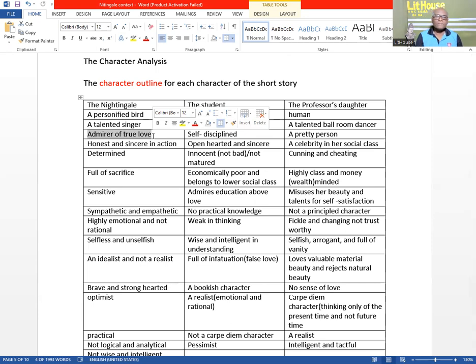What is the topic? We are going to write about Nightingale's vision, idea, opinion about true love. How she notices true love. We are going to write about that. Right?